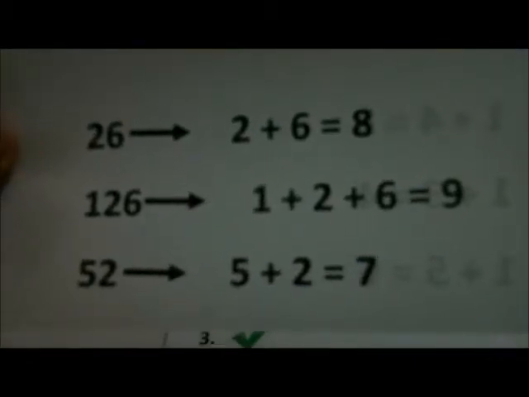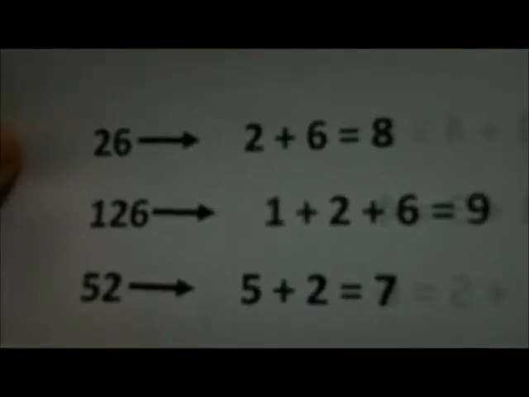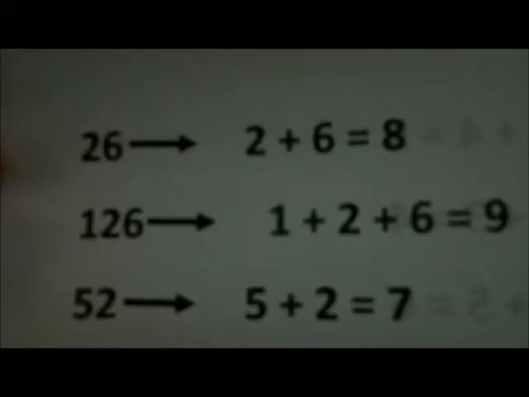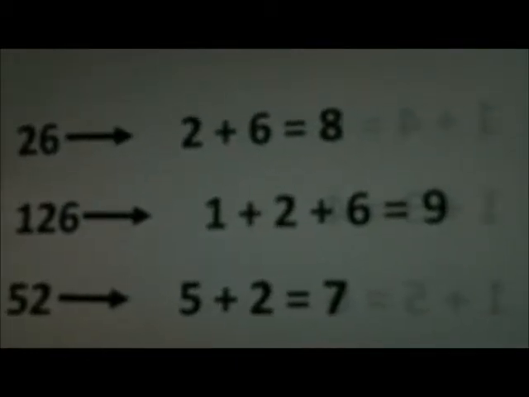To know if a number can be divided by 3, you could just add its digits. For example, if you have a number that is 26, if you add 2 plus 6, the result is going to be 8. That means that number is not going to work to be divided by 3. Let's imagine you have 126.